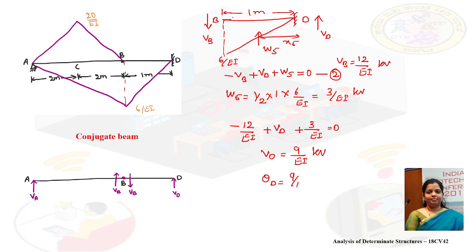Now we need to calculate the deflection at D, taking bending moment at D equal to VB into 1 meter. This is creating an anti-clockwise moment, plus W5 into X5.